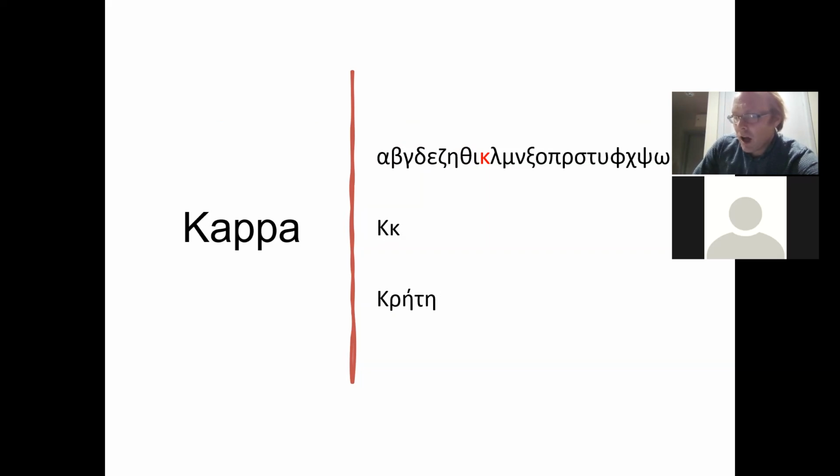The next letter is lambda, which expresses an L sound. Lesbos, of course, is the famous Greek island in the Aegean Sea, where the poet Sappho lived around 600 BCE. Then we have mu, which expresses an M sound.